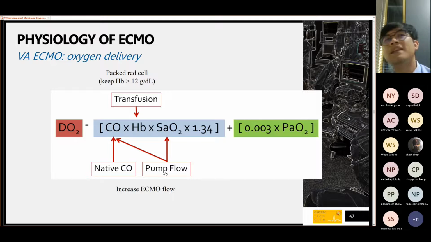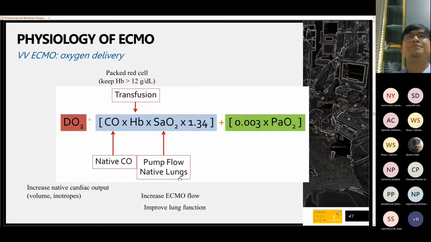The pump flow also relates to venous saturation. If we increase the flow, it increases the oxygen saturation also. So these are the factors that affect oxygen delivery in VA ECMO.